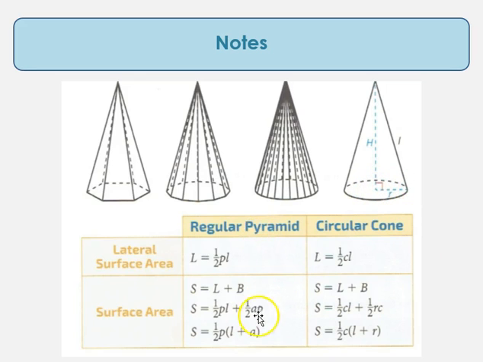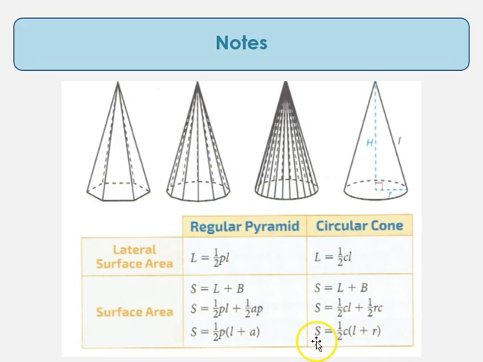So let's take a look at the difference between the formulas. The left side is pyramids, the right side is cones. Lateral surface area is 1/2 perimeter times the slant height. In a cone, lateral surface area is 1/2 circumference times the slant height. Instead of saying PL, we will say CL, and instead of saying AP, it will now be RC, which we have derived before.